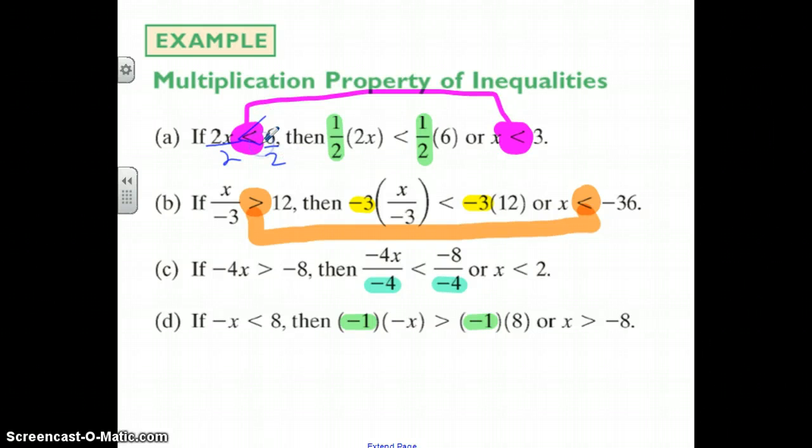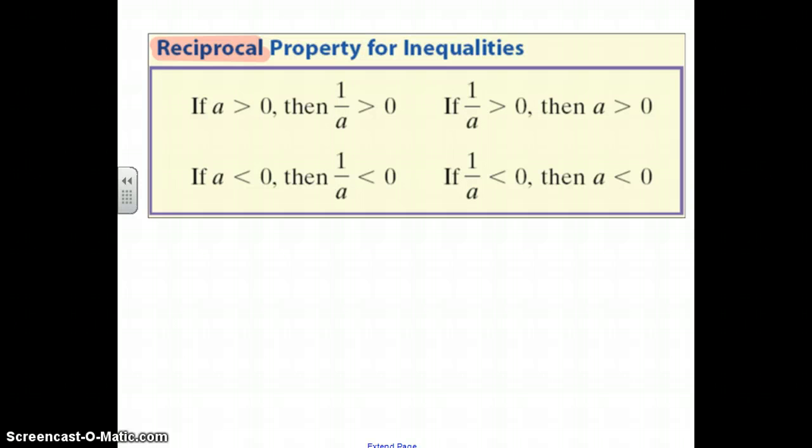Notice this sign less than stays less than. But if you divide by -3, or multiply both sides by -3, you better flip the sign from greater to less than. The reciprocal property says that if 5 is greater than 0, then the reciprocal of 5, which is 1/5, will still be greater than 0.